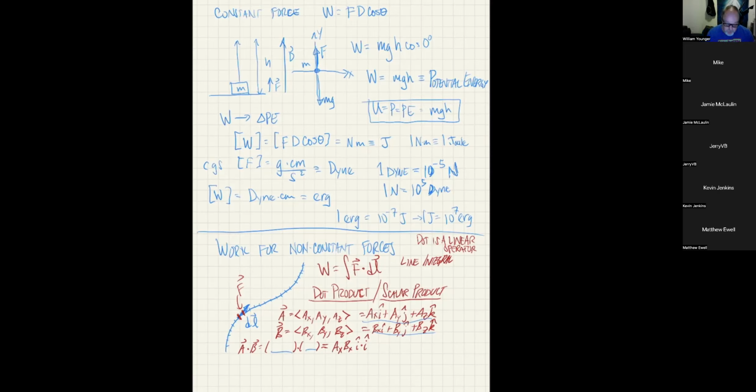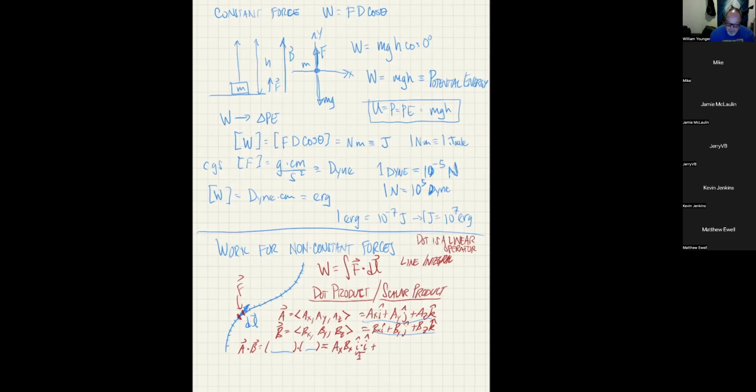Alternatively, you could also just imagine that the i vector is literally just 1 with an i hat in front of it, and the same for B. But anyways, i hat dot i hat is going to be equal to 1.